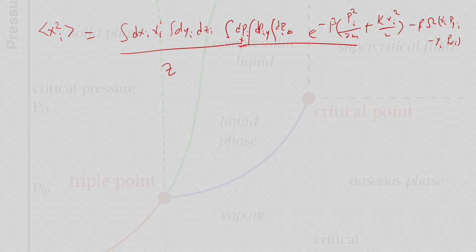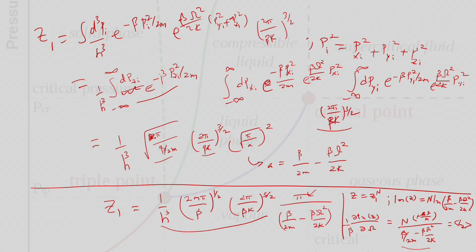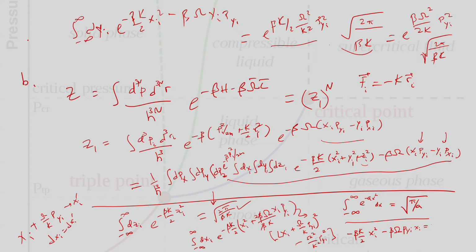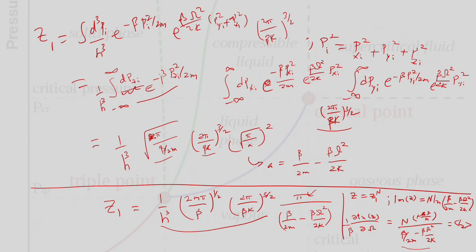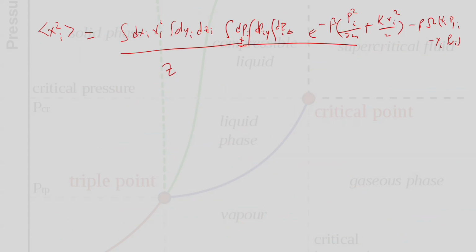So the question is, how do I deal with this? It is very similar to what we did before, except that we have to postpone integrating over xi squared. We integrated over xi earlier, but now we should be doing the p integrations first, because it is not going to be so easy to borrow from the earlier result.